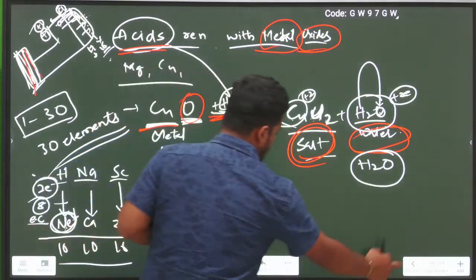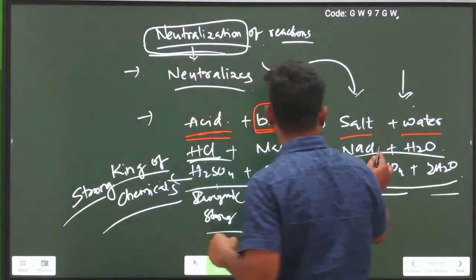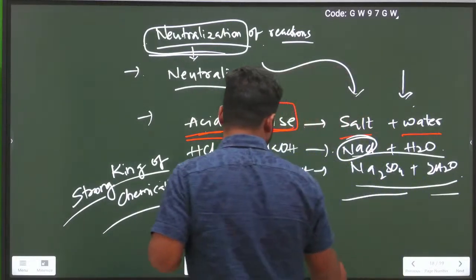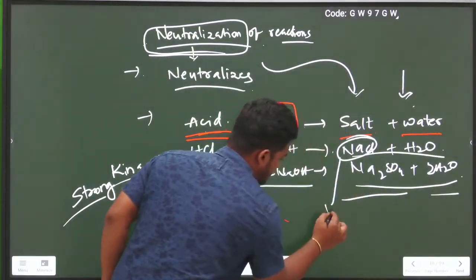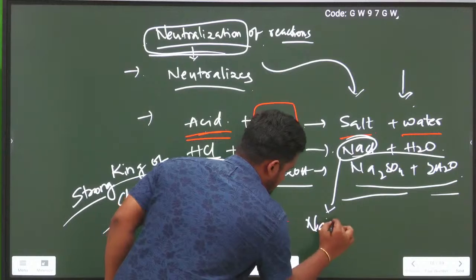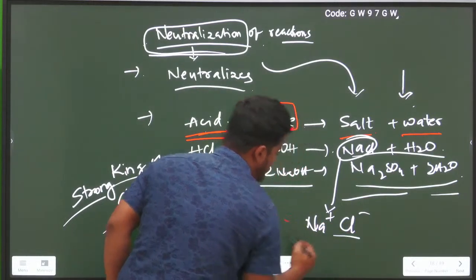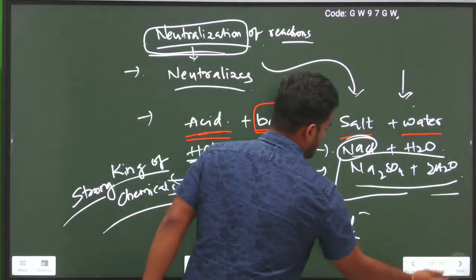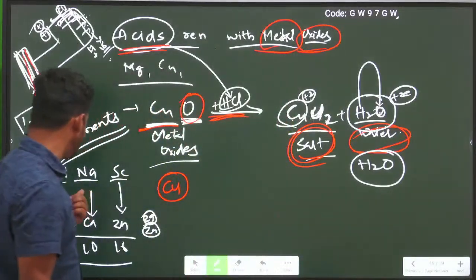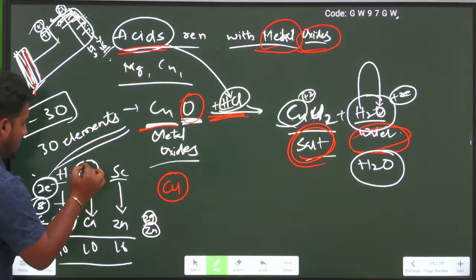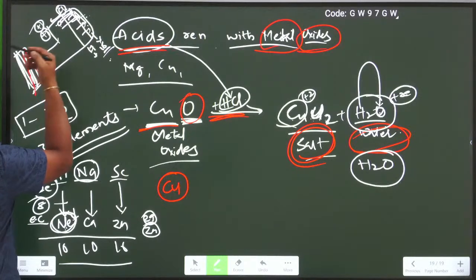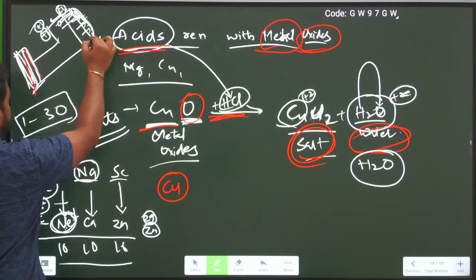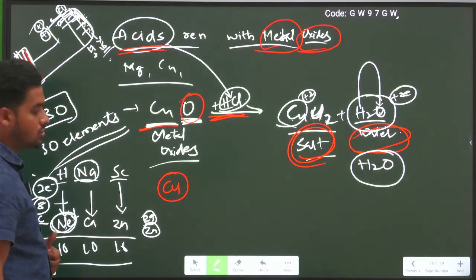In earlier lessons we studied NaCl as a salt. Now if you take NaCl, you see Na plus and Cl minus, yes or no? Na stands here. If it loses 1 electron, it gets the configuration of group 18, yes or no?